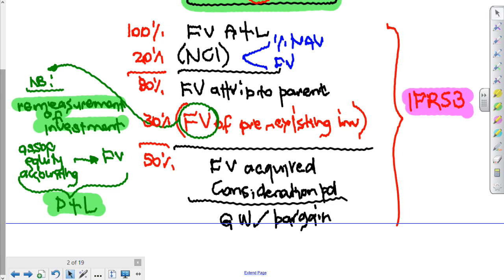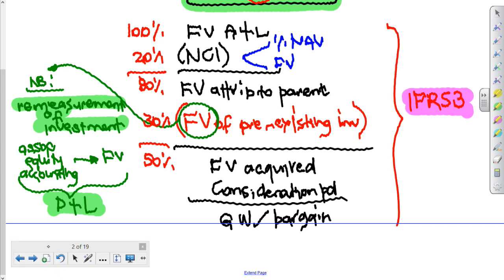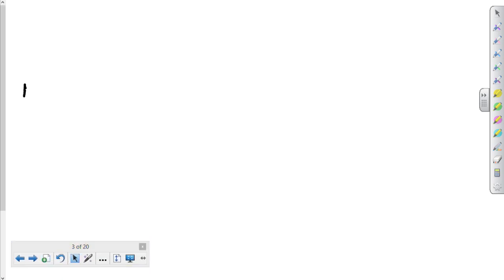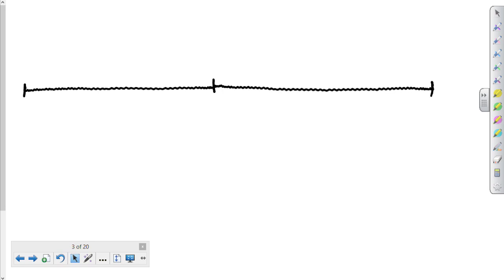The second step is to do with my timeline. Now, if you recall my timeline, I kept track of 3 time periods, isn't it? I kept track of acquisition, beginning of year and end of year. When I have changes in ownership, it requires me to keep track of an extra piece.